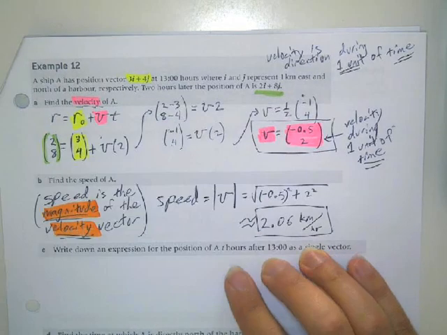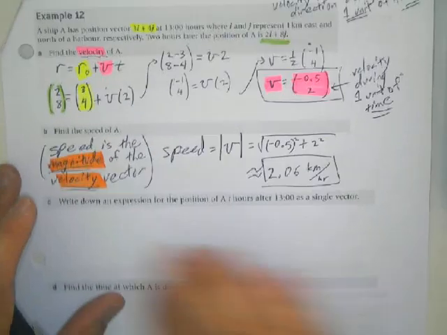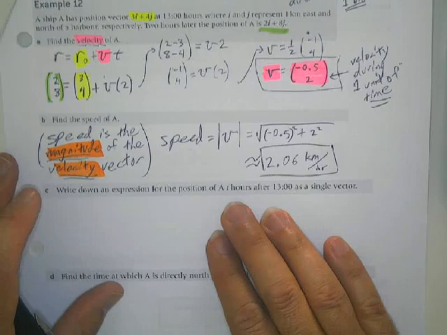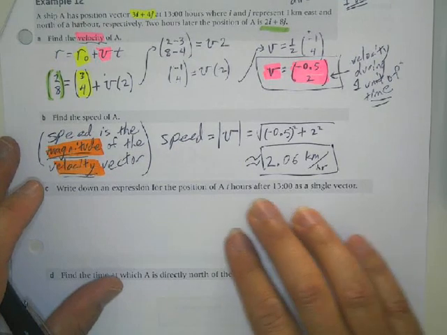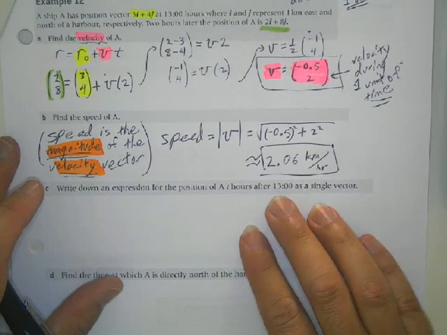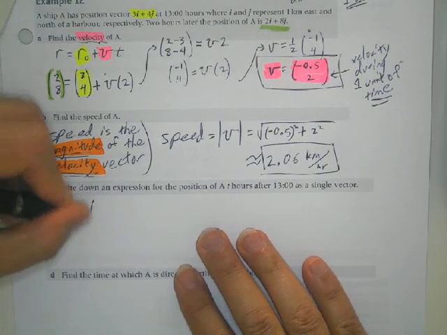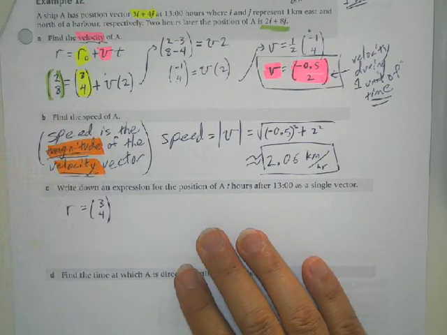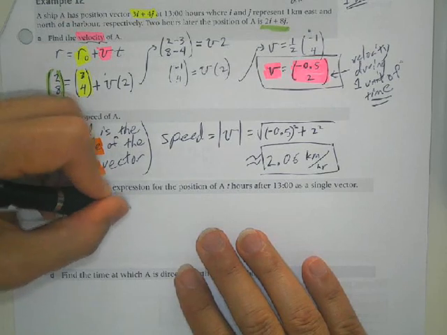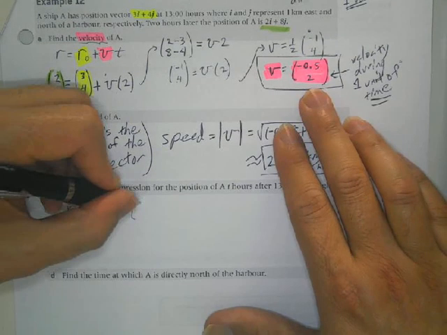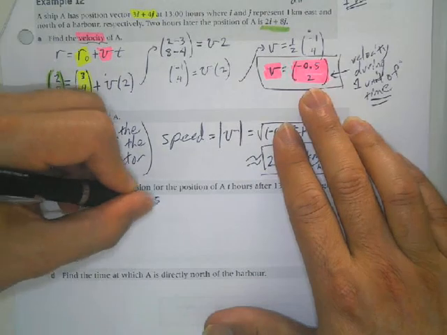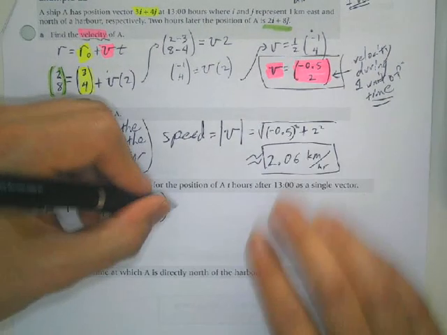Okay. Write down an expression for the position of A after t hours. Okay, so I'm going to have r equals 3, 4. That's my initial position, plus, now I've got my velocity, negative 0.5 and 2, and then t.